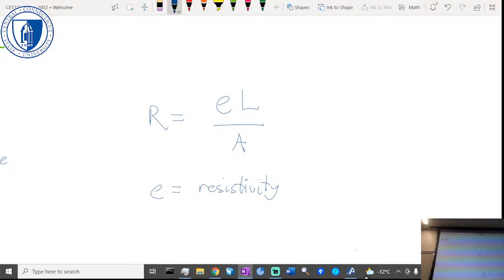Right, so if we have a cylinder, there's the cross-sectional area. There's the length, and the material that it's made out of gives us the resistivity. And combining those three, the resistance.